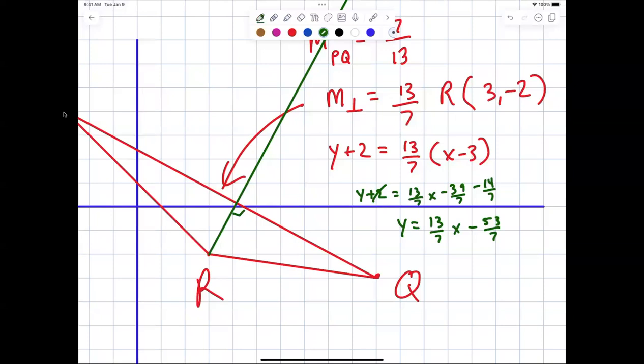Anybody else get that? Right? What did you get, kiddo? Yeah, then I subtracted 2, right? You did good. -3 times 13 is -39. Then I subtracted 2.